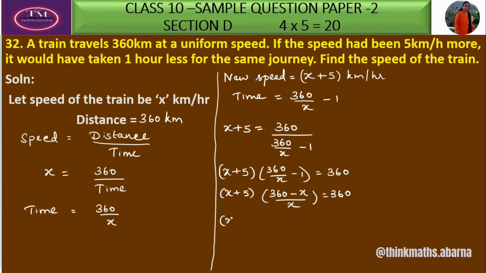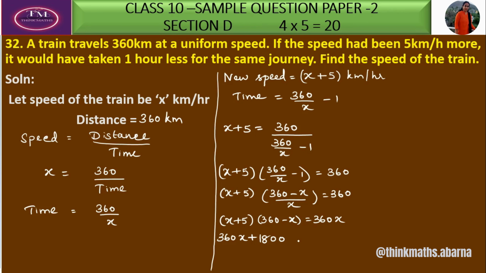So I will get x plus 5 into 360 minus x equal to 360 into x, which can be written as 360x. Now multiply these two. 360 into x is 360x, plus 5 into 360: 5 zeros are 0, 5 sixes are 30, balance 3, 5 threes are 15, 15 plus 3 is 18, so 1800. Now multiply with negative x.